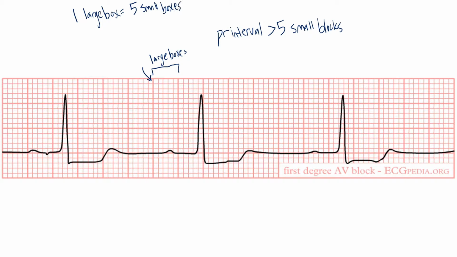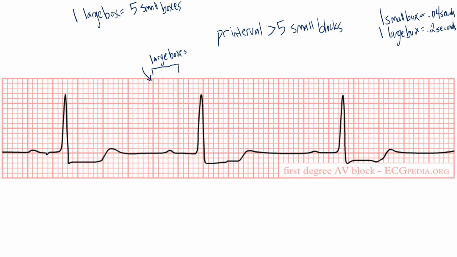Now, as far as timing for EKG machines and how it works, one small box equals 0.04 seconds. So that means that one large box, which has 5 small boxes, you would just do 5 times 0.04, and 5 times 0.04 is 0.2 seconds.